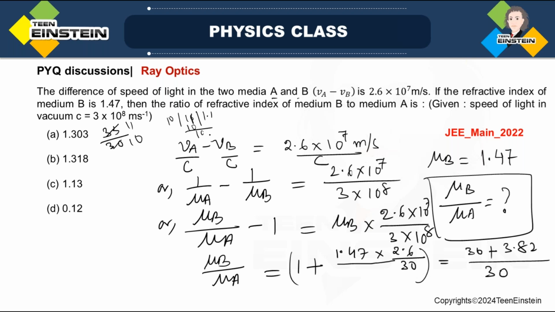So 1.1 you have already got. If you do 34 by 30, you will get 1.13. Okay, so this was also a very simple question, just for the sake of calculation, not more than that.